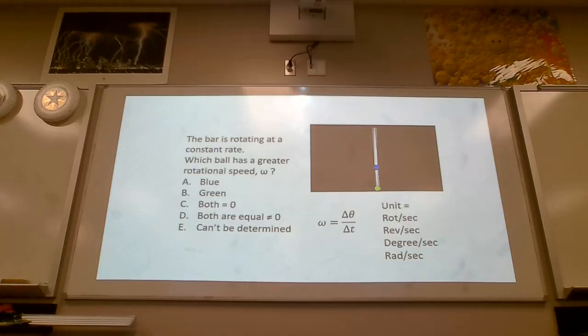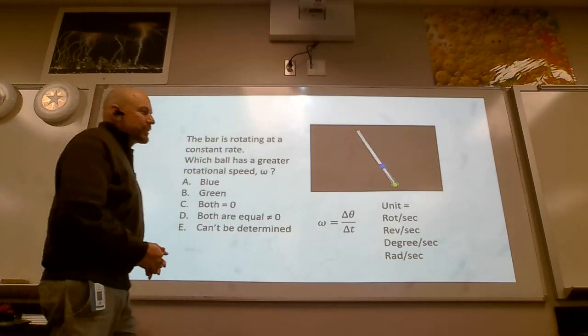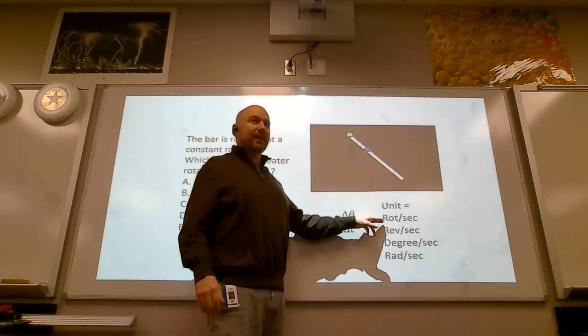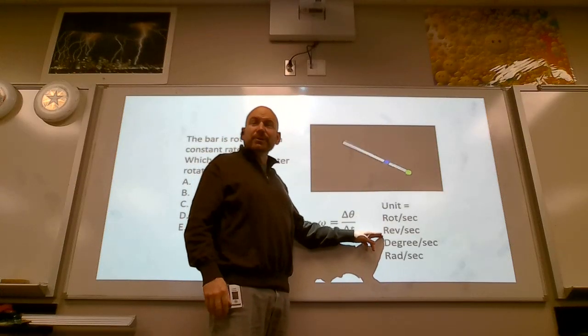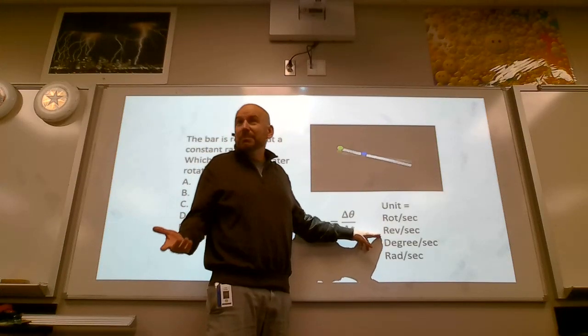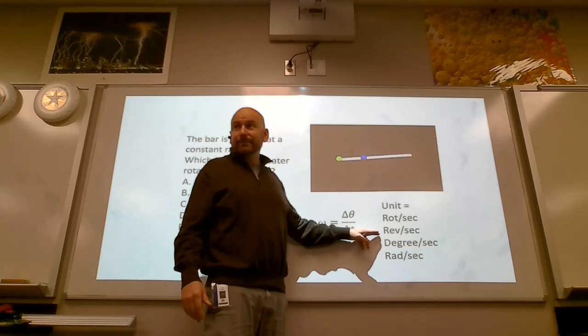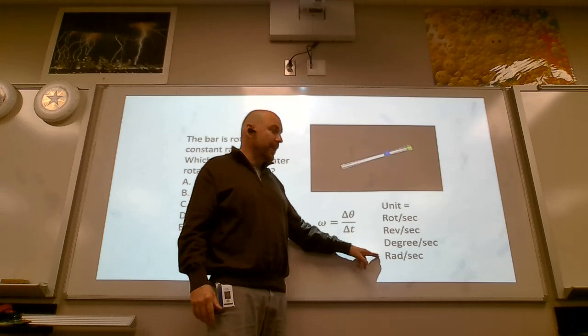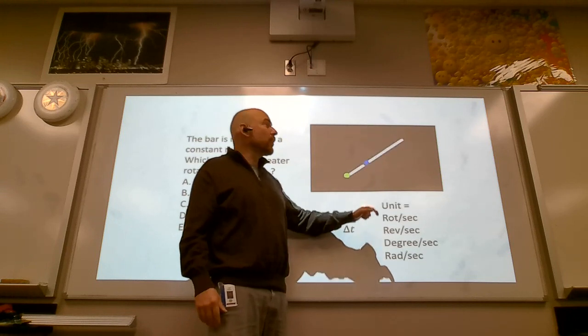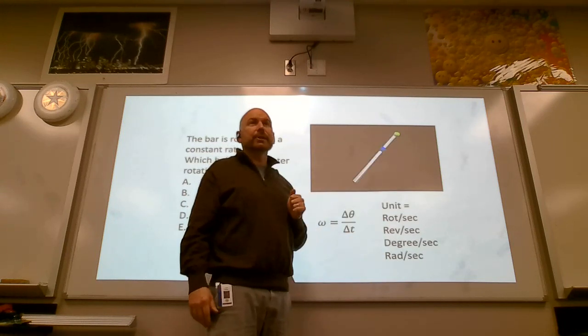All right, so rotational speed has units of rotations per second, revolutions per second, sometimes RPM, rotations per minute, degrees per second, radians per second. It's how quickly you're doing 360 degrees.